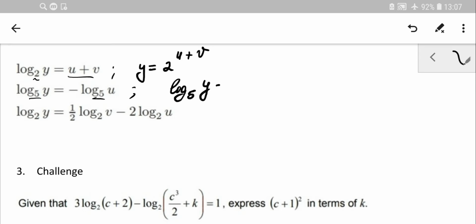Log 5y equals negative 1 times log 5u. In this case, I simply can lift up my coefficient as the power for u.